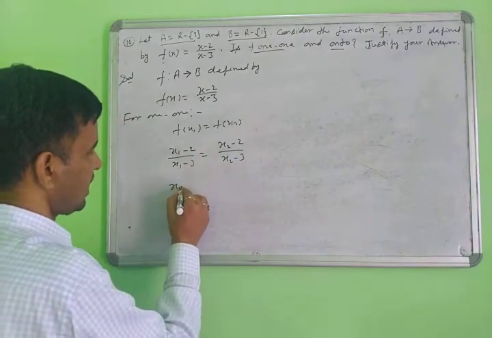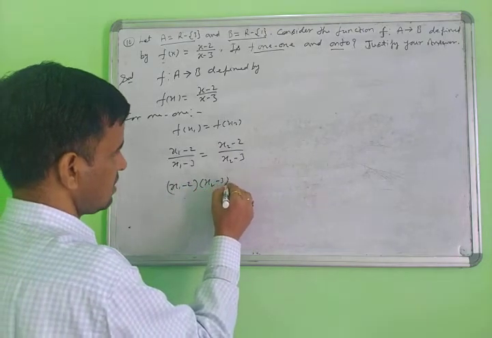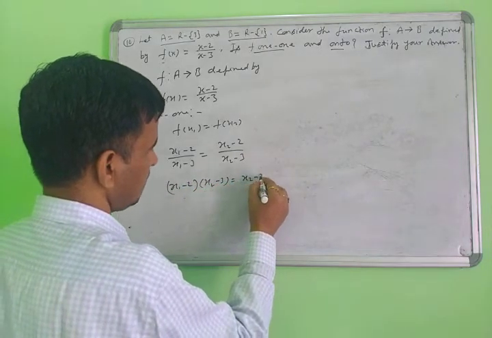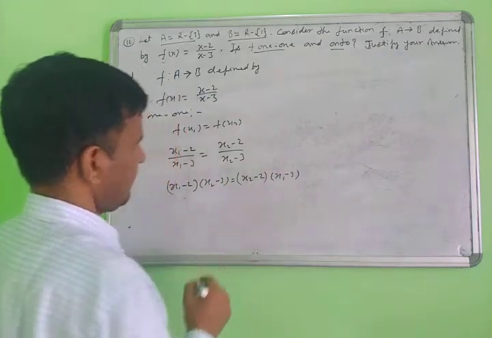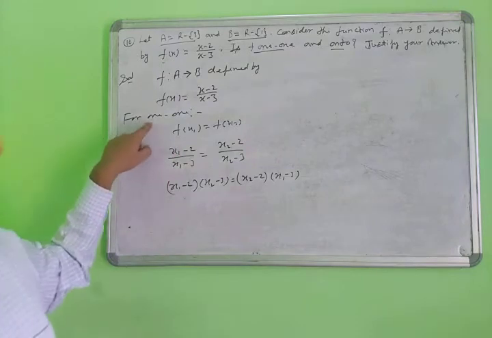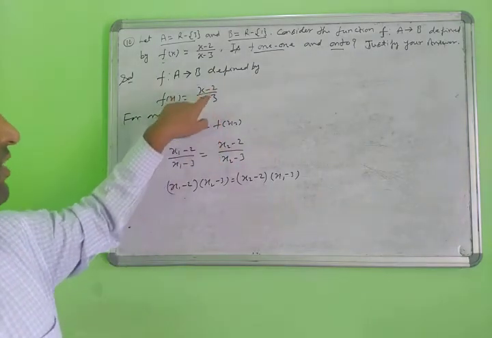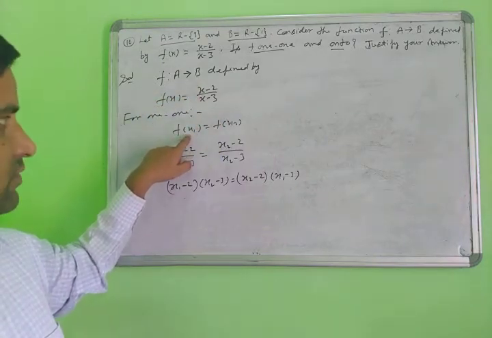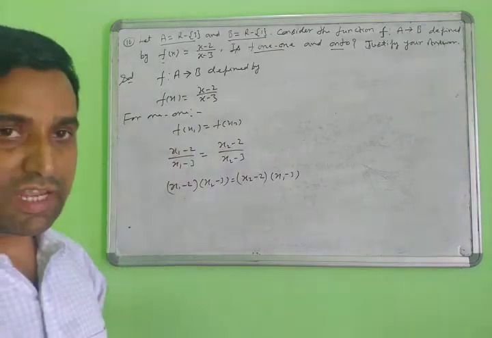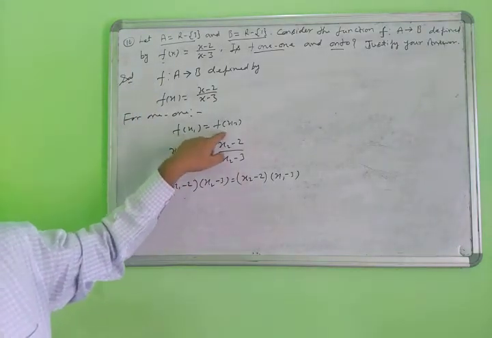Cross multiply: (x1 minus 2)(x2 minus 3) equals (x2 minus 2)(x1 minus 3). This is the condition for finding 1-1, used for a polynomial function. Every function has different conditions; this is used in the polynomial function, f(x1) equals f(x2).